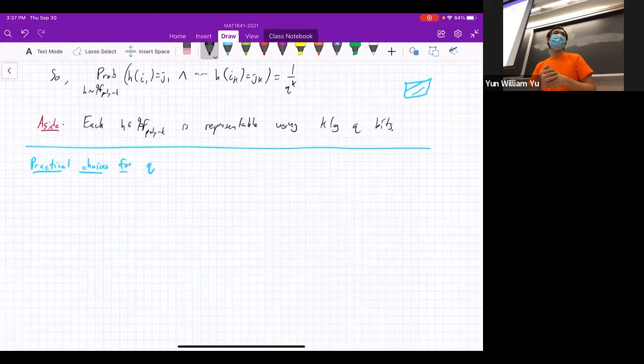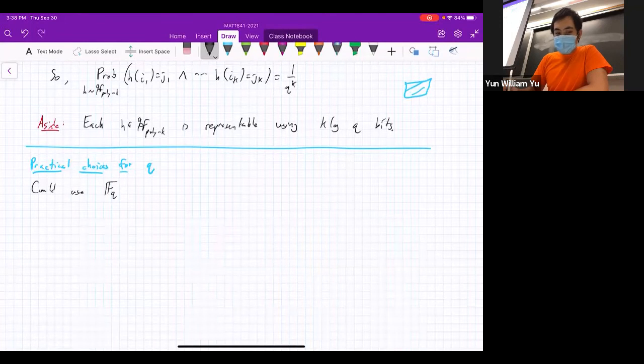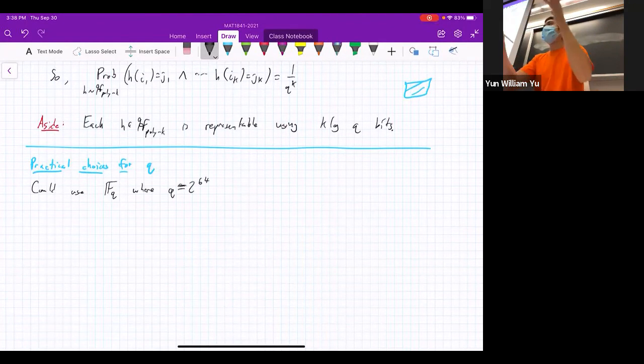So one thing you could do is wonder if there's a finite field that happens to have exactly that many elements. And the answer is yes, because 2 to the 32 is a power of a prime. And so you could use F_Q, where Q is equal to 2 to the 64 or 32 or whatever the size of your word on your computer is.